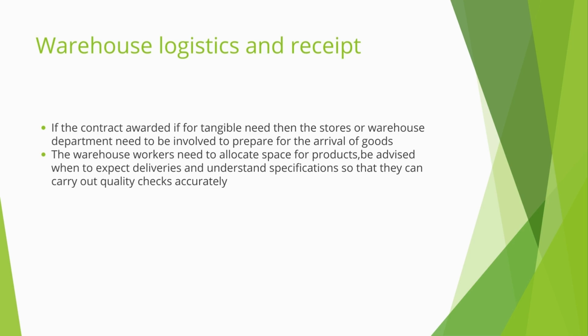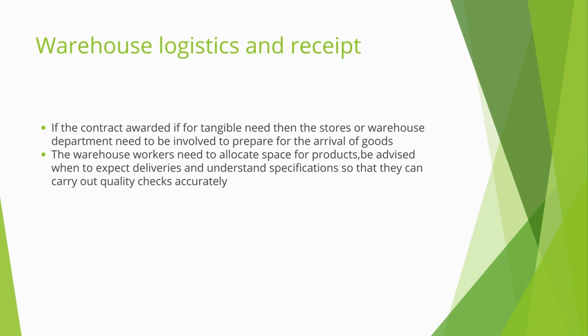So in this stage, if the contract awarded is for tangible need, then the stores or warehouse department needs to be involved to prepare for the arrival of goods. The warehouse workers need to allocate space for products, be advised when to expect deliveries, and understand the specifications so that they can carry out quality checks accurately.